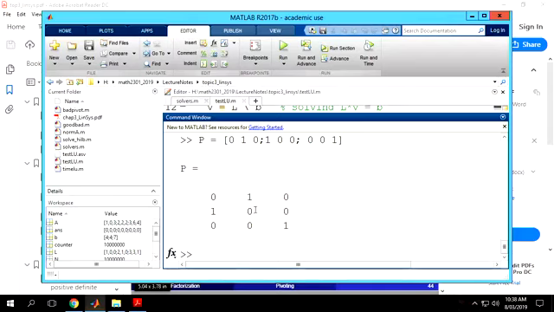So every permutation of the rows of the identity is called a permutation matrix. And now if I take P and multiply A, you see, in effect, it swaps row 1 and row 2 for you, okay? So swapping the rows in terms of matrix multiplication, you just multiply by a permutation matrix, yeah? And a permutation matrix is you just take an identity matrix and you swap the rows around, okay?